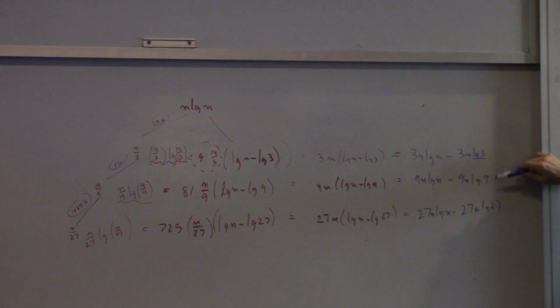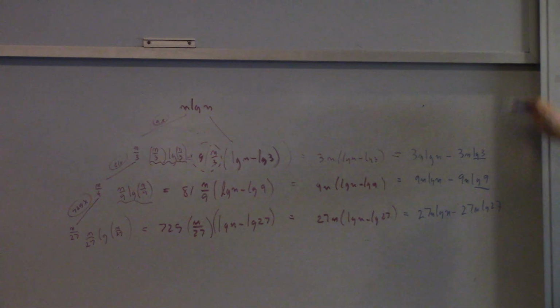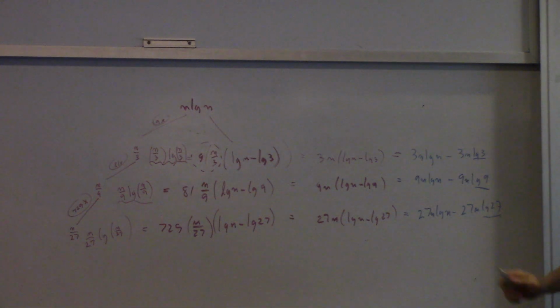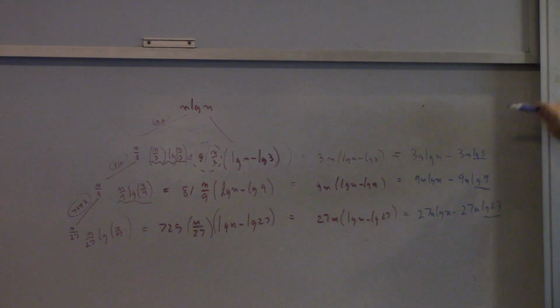I don't know what lg 3 is, but how does it compare to lg 9 and lg 27? What's happening here? It's increasing. And what about 3n, 9n, 27n? It's also increasing. Is it increasing exponentially?